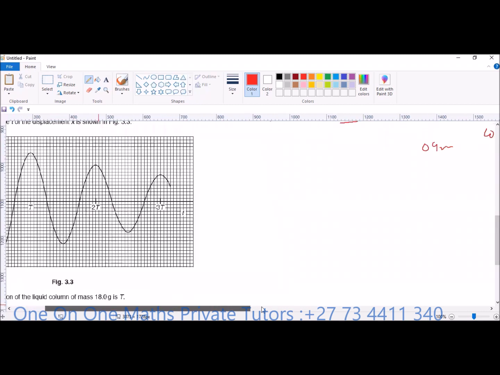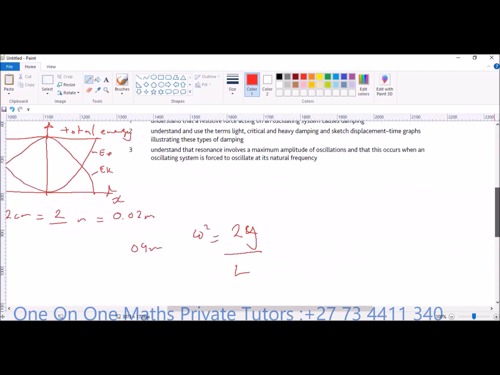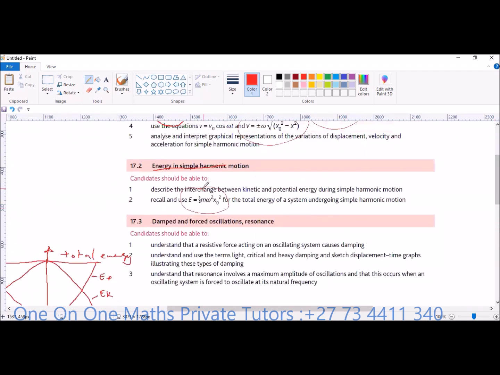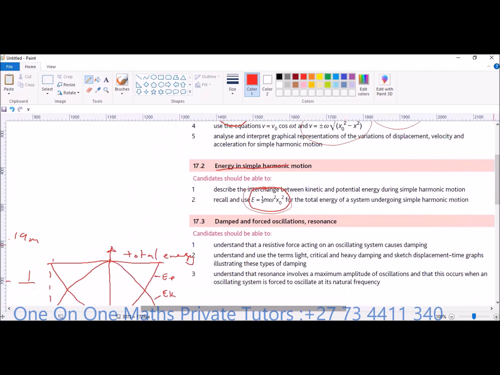From our syllabus, we have this formula: E is equal to half mass omega squared x naught squared. So x naught is the maximum displacement, which is the amplitude. So we can use this.